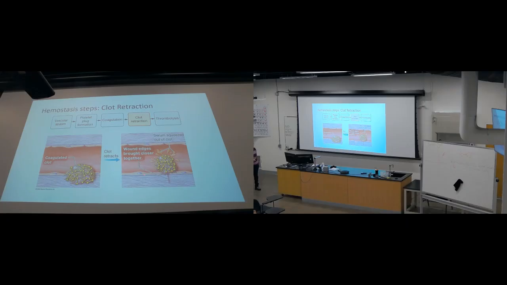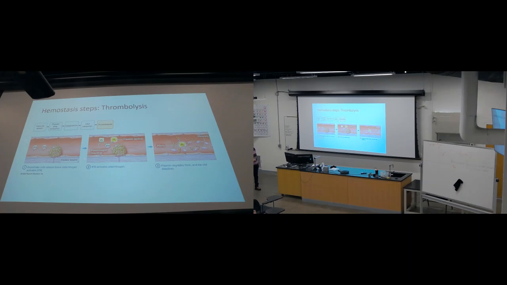So then you finalize sealing this blood vessel, so you heal the wound. There is no more need to have the blood clot there. So in this case, you activate plasminogen. Your cells will release TPA, tissue plasminogen activator.